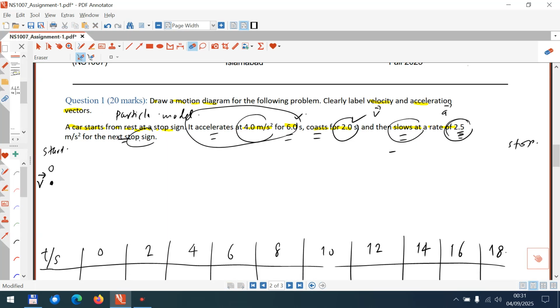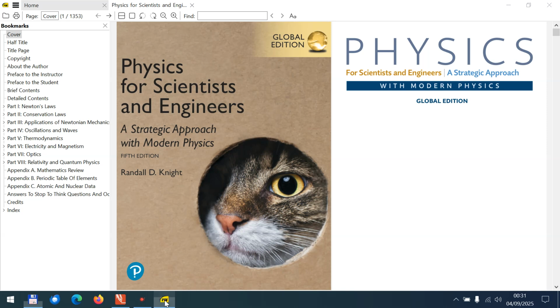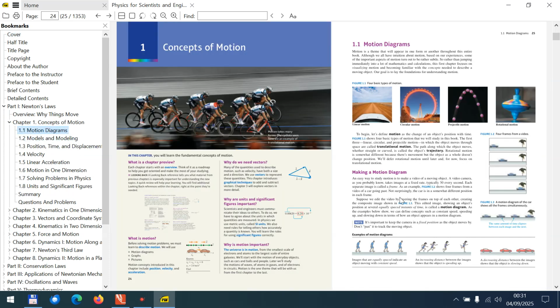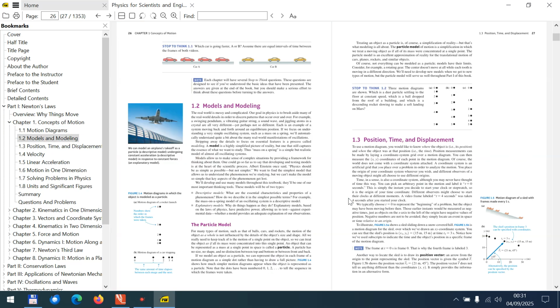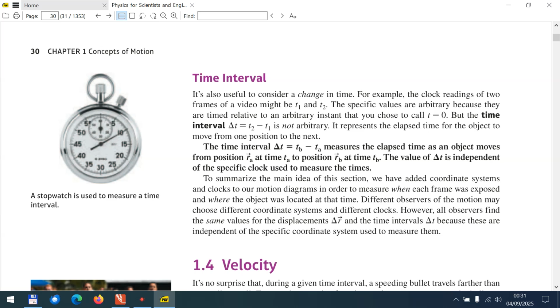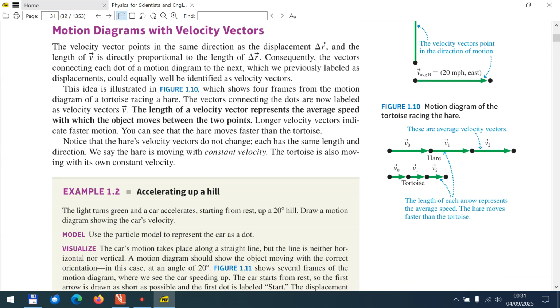what the text says. The text says clearly that the velocity vectors in the motion diagram. Let me quickly find that point where he is giving the convention for the velocity vectors. Because motion is complicated, and see what these diagrams say. These are actually average velocity vectors.